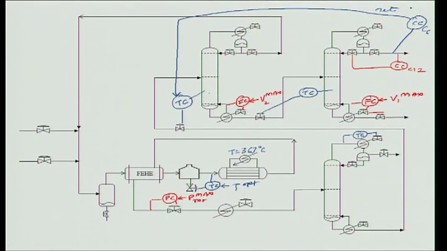What else? Of course, I want to make sure that too much C3 does not leak down the bottoms. That gets done using this. I also need to make sure that whatever are the condensables in the reactor effluent, they are condensed. This ensures that.